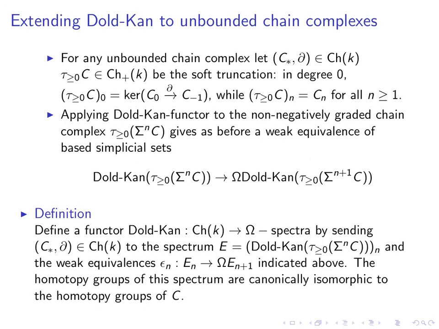So extending Dold-Kan to unbounded chain complexes is as follows. You start with an unbounded chain complex, and then you can take the soft truncation, tau greater than or equal to 0 of C, as follows. In degree 0, you replace C_0 by the kernel of the C_0 to C_{-1} map, and then everywhere else, in positive degree anyway, the truncated complex is the original complex. Negative degrees, of course, it's 0.